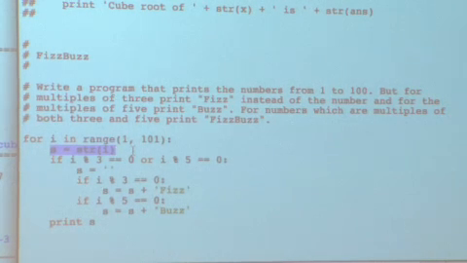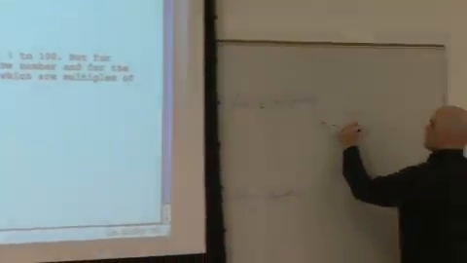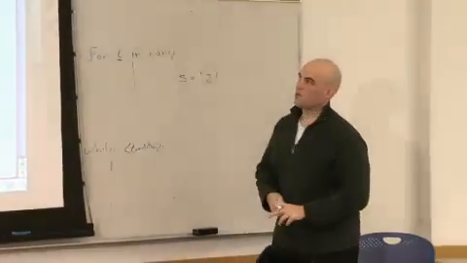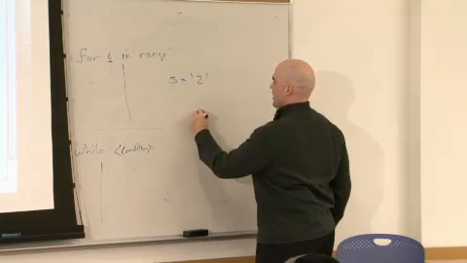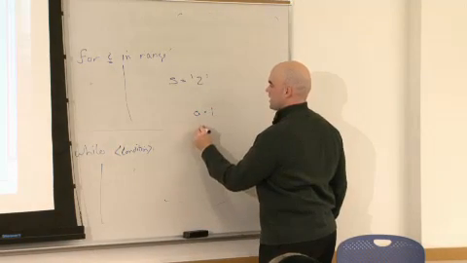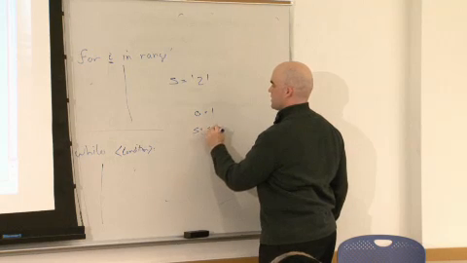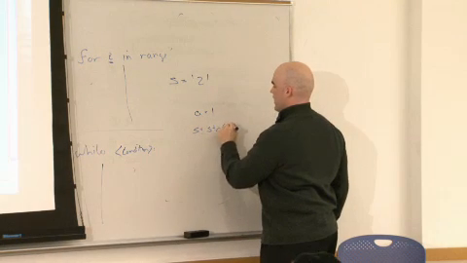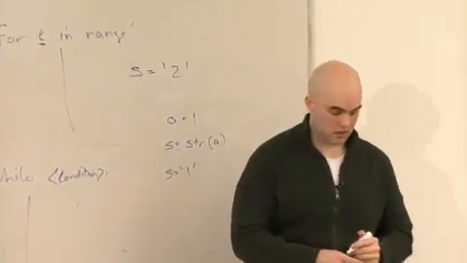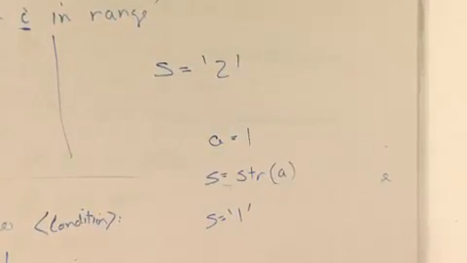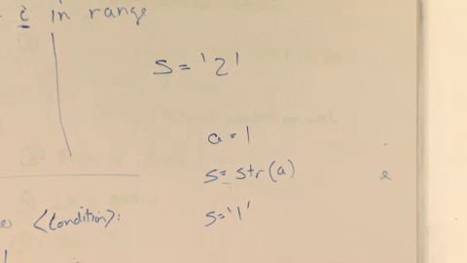So like this. That's what that str function does. So if I have a variable a is equal to 1, I can say s is equal to str(a), and s is now going to be that. All right.